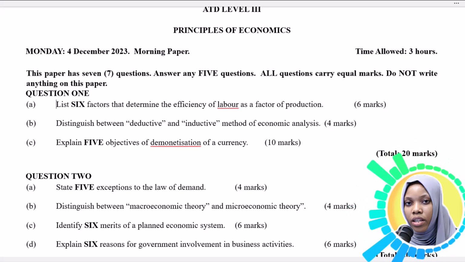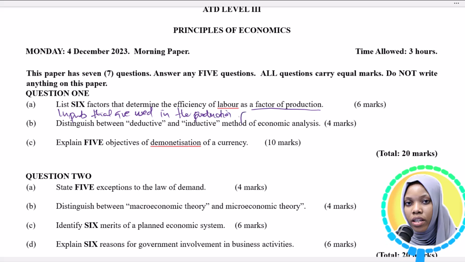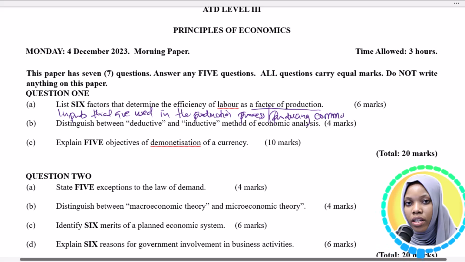So we are first going to define what factors of production are, and these are the inputs that are used in the production process, or in producing commodities. The inputs are what we call the factors of production, and there are 4 in economics.